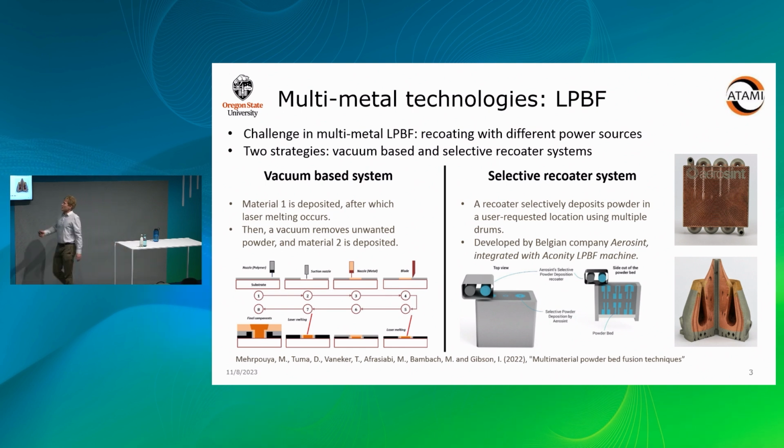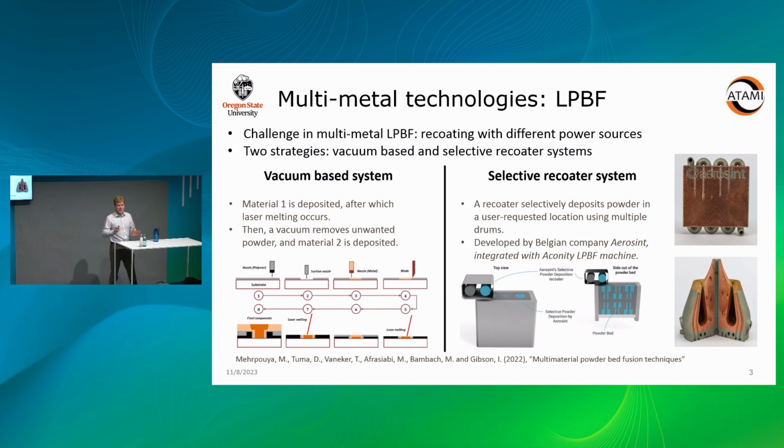There are two basic systems that have been developed, two mindsets for how to do this. One is a vacuum-based system. In a vacuum-based system, we lay down material, expose, vacuum up that powder, then deposit a different powder and expose again. That's one method that's been developed, and a number of companies are looking at it. Another mindset is to use a selective recoater system.